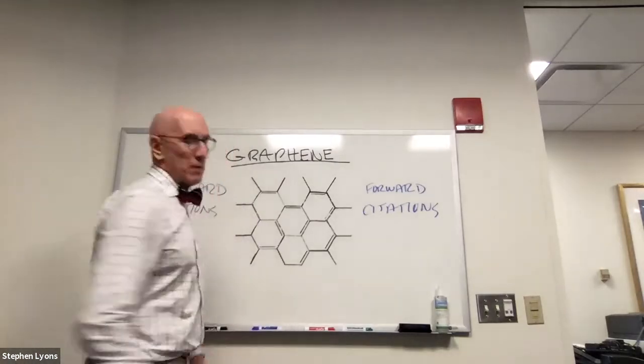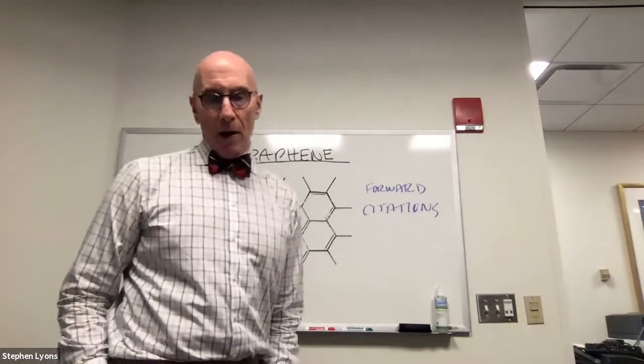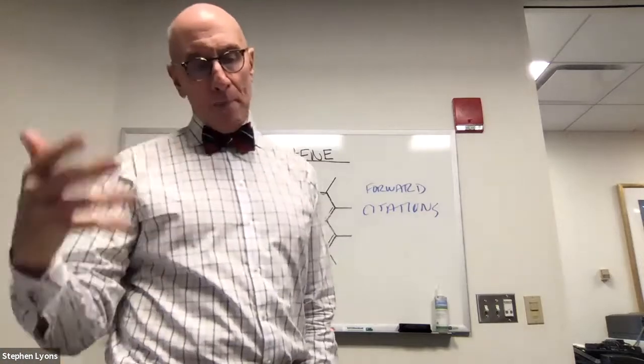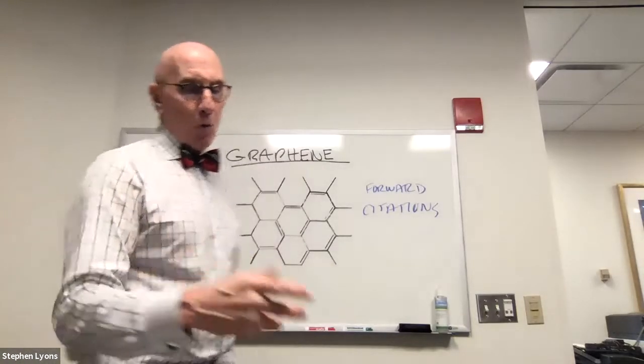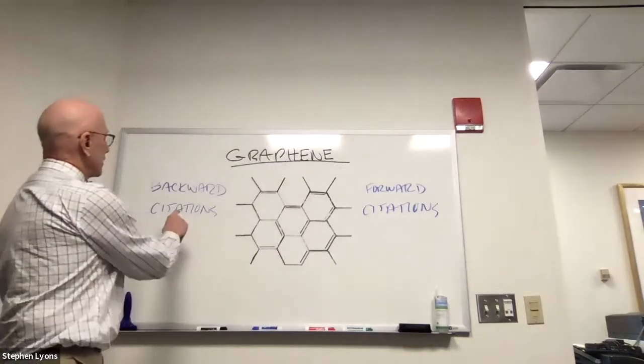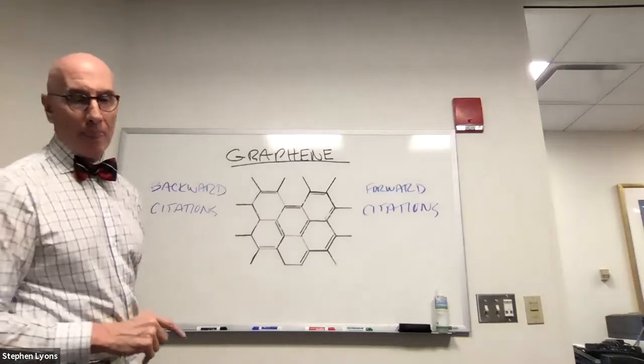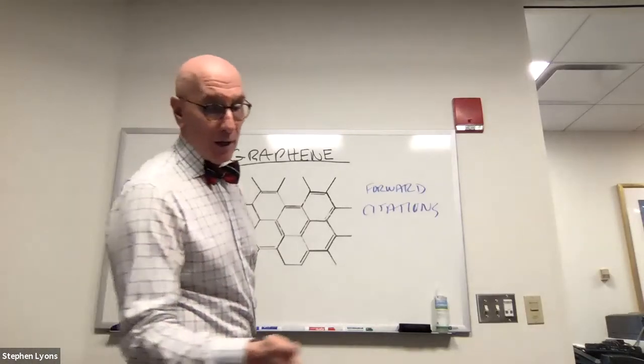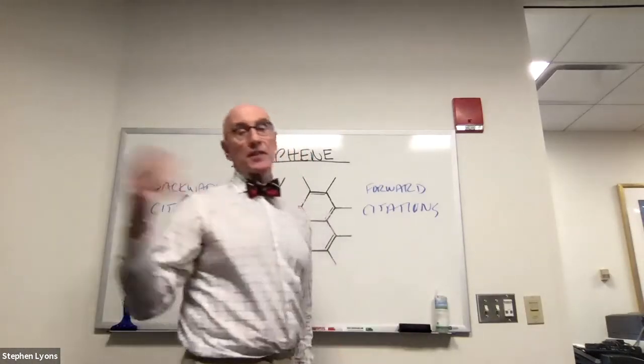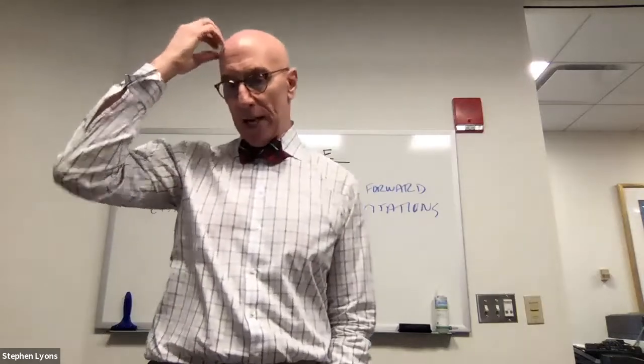And they pretty much mean just what they say. A backward citation is when any patent is cited by another patent. And a forward citation are patents that cite other patents. Let me give you an example.